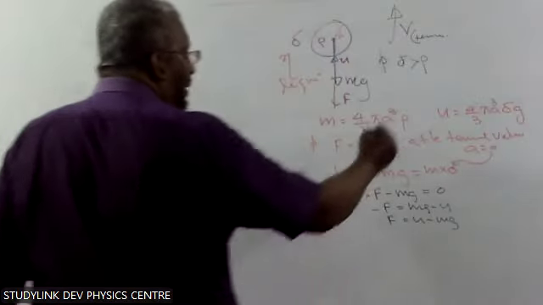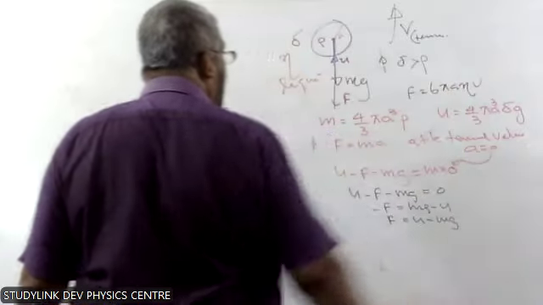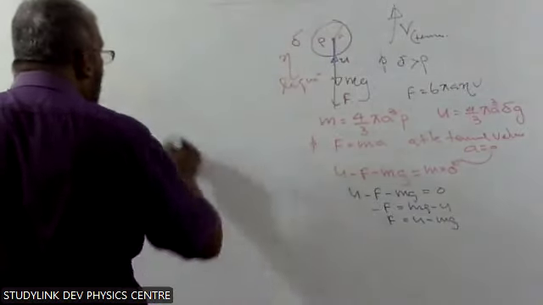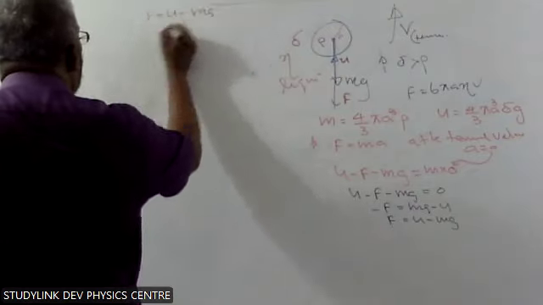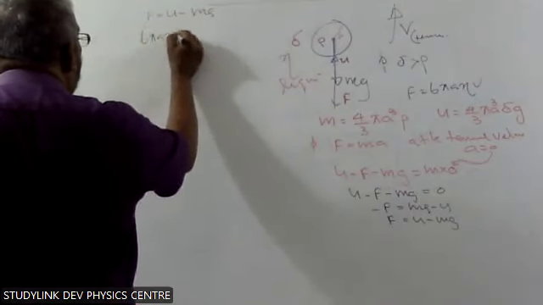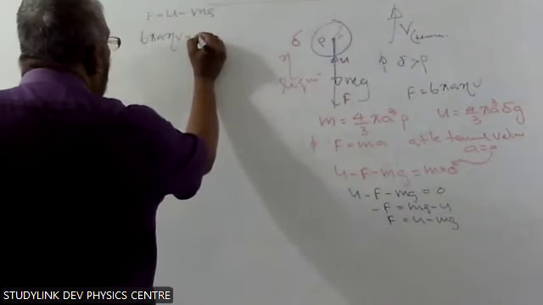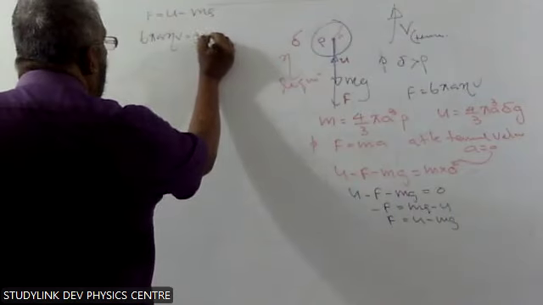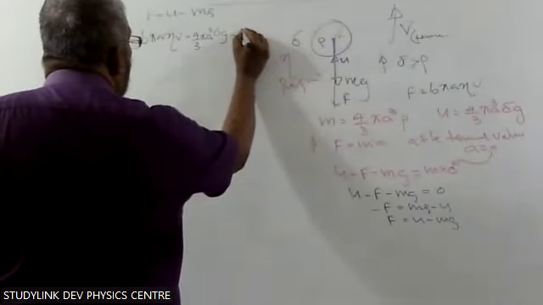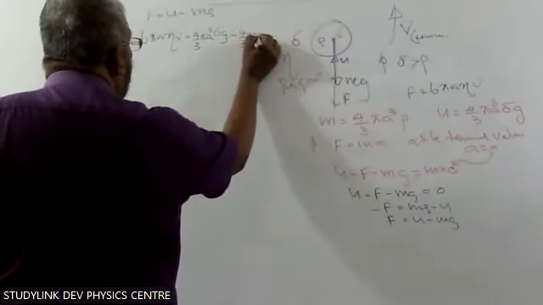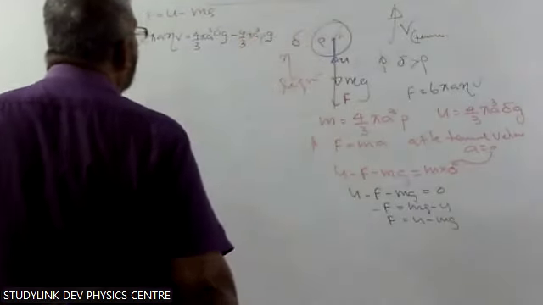F is equal to 6 pi a eta v, v is the terminal velocity. Then 6 pi a eta v is equal to U minus mg, upthrust U is 4 by 3 pi a cube sigma g minus 4 by 3 pi a cube rho g.